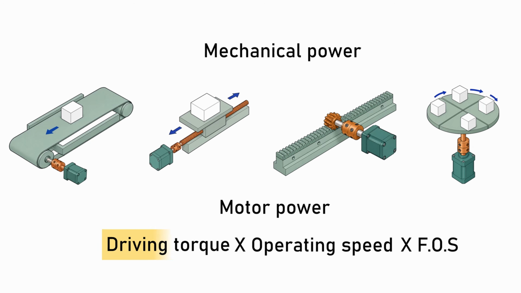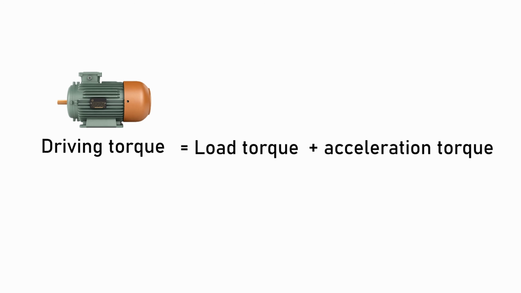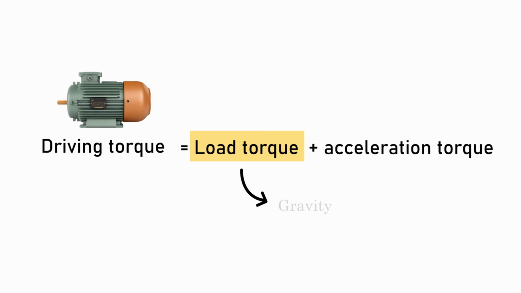So first, let's understand how to calculate the required driving torque of this mechanical system. To drive any mechanical system, the total required motor torque is the sum of load torque and acceleration torque. Load torque is a constant torque required to continuously overcome the mechanical resistance during operation. It's mainly caused by gravity, friction, or external load acting on the mechanism.